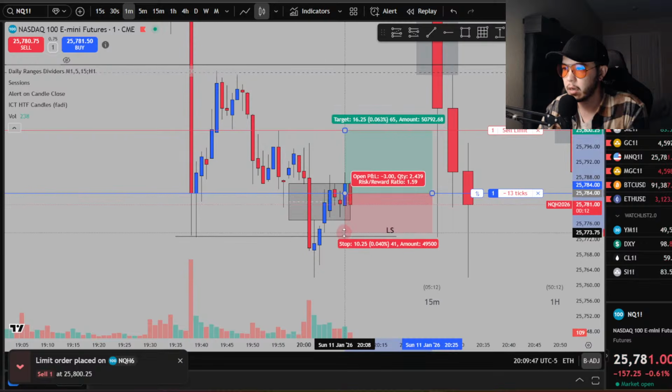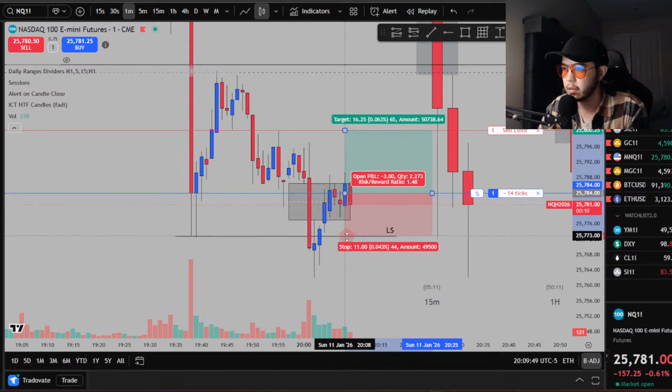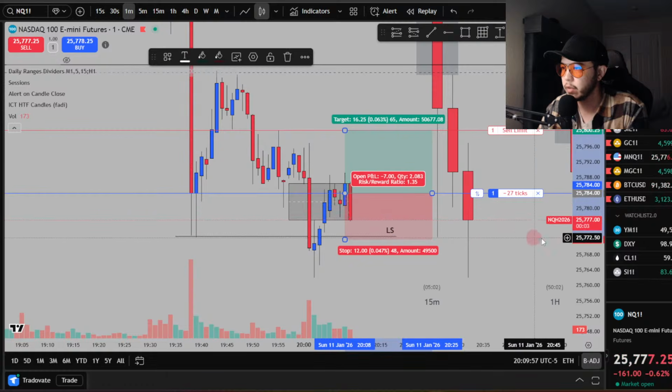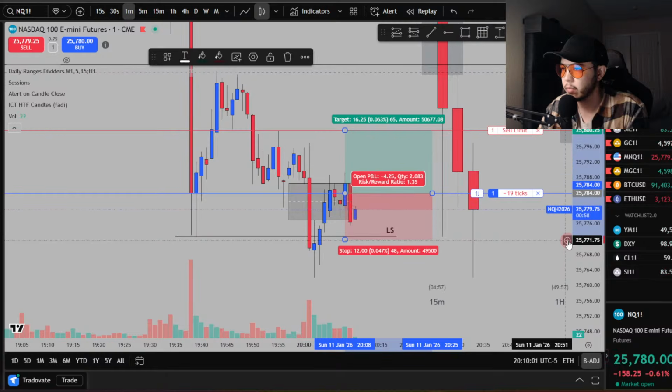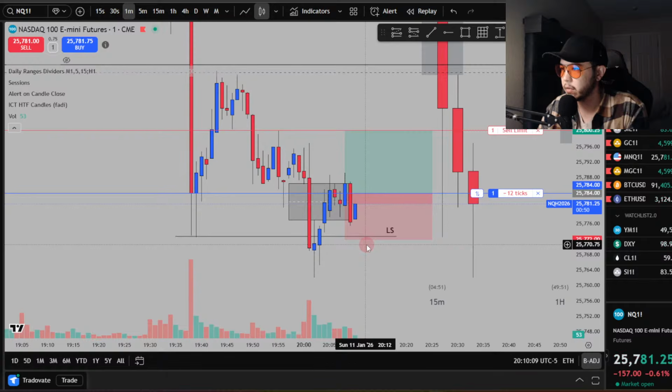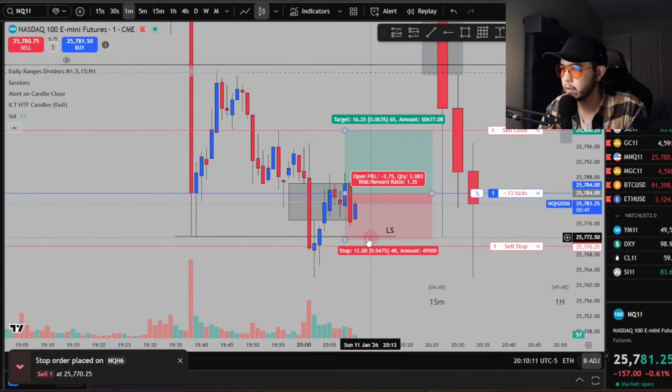Technically, the correct area to get would be below this level. If you come and touch this level, I wouldn't be interested in being in that trade. So I'm gonna put my stop loss right below that area. Sell right here. There we go.